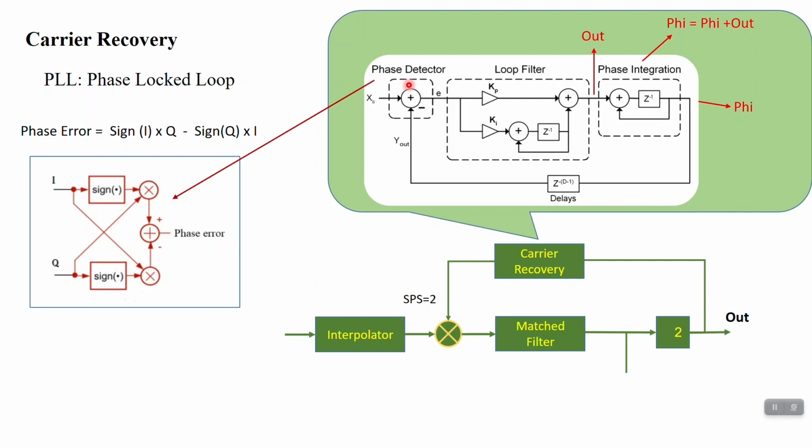After that, pass the phase error to the loop filter, and then feed it to the integration. The final phi should be compensated here on the interpolated sample.